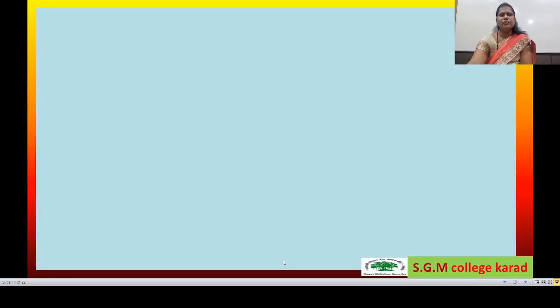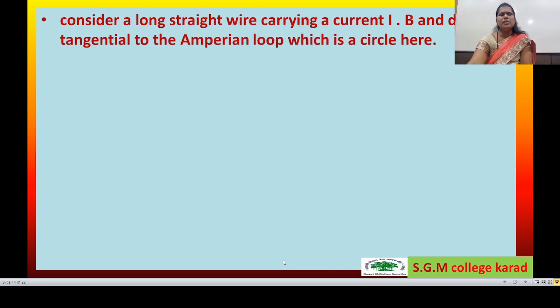Now see, consider a long straight wire carrying the current I. This is an application of Ampere's law. B and dl are tangential to the Amperian loop, which is a circle here.